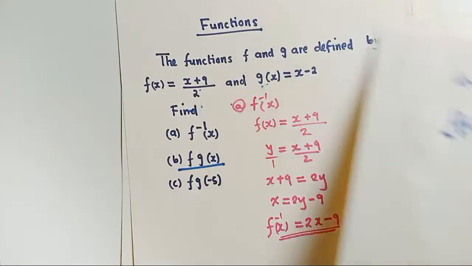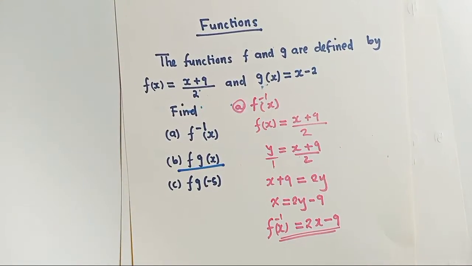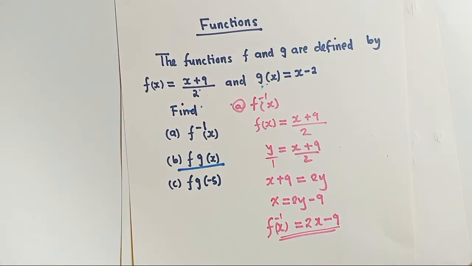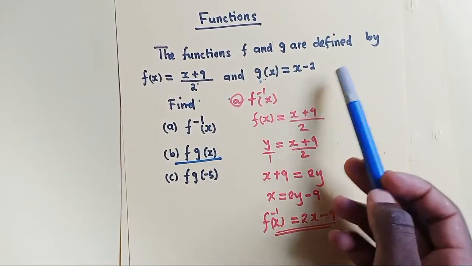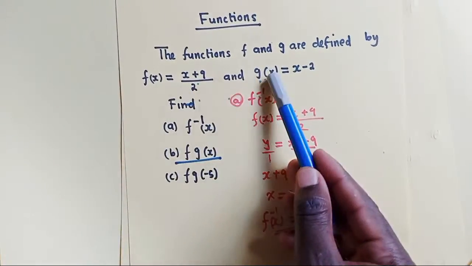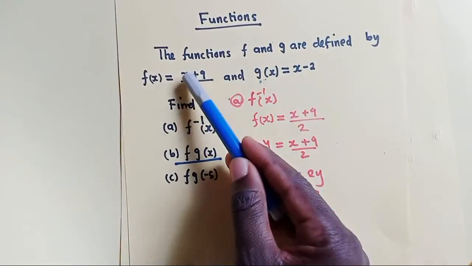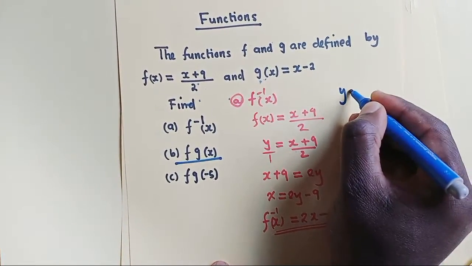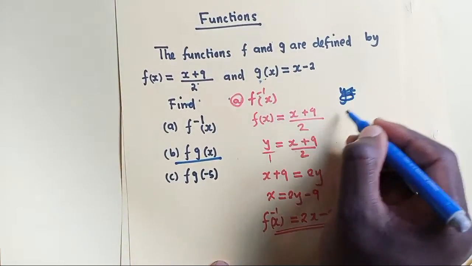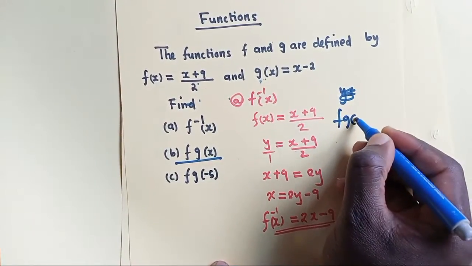Now, in this case, Joseph, we have these two functions. We have got this and this. So this one will be put where x is, and it will look like this. You have y is equal to f of g of x.